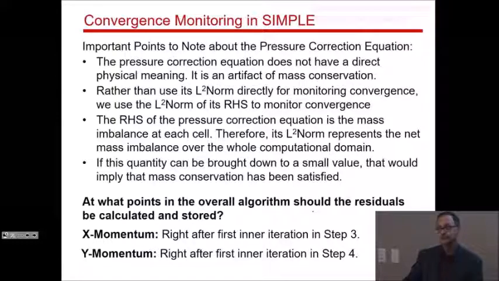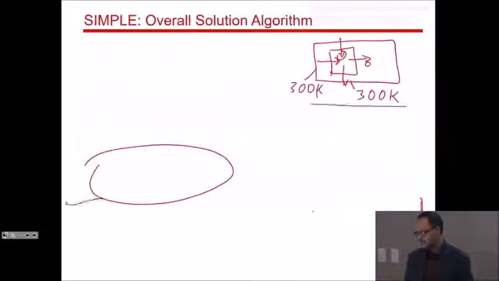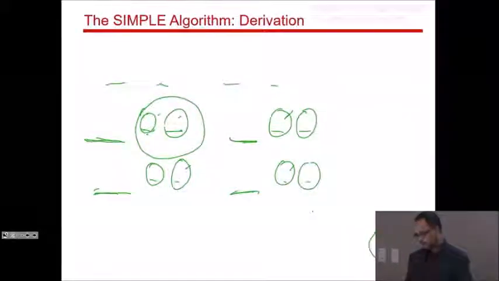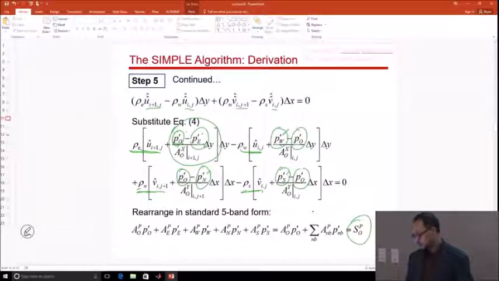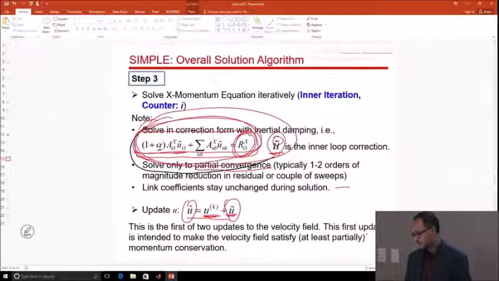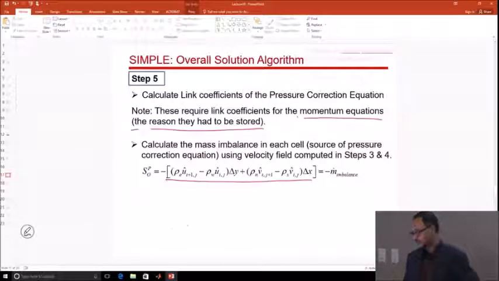And then for pressure correction, we already talked about it. It's right after step 5. So here is step 5, where we are calculating the link coefficients and the mass imbalance.